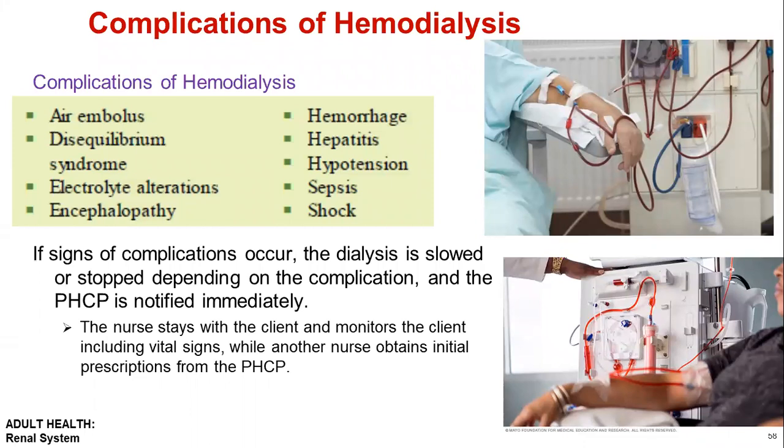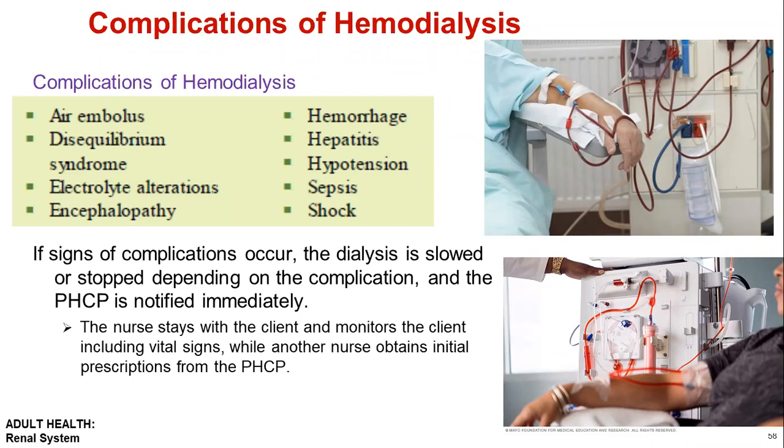Okay. So disequilibrium syndrome occurs shortly after beginning the hemodialysis or peritoneal dialysis and is caused by rapid correction of metabolic abnormalities.